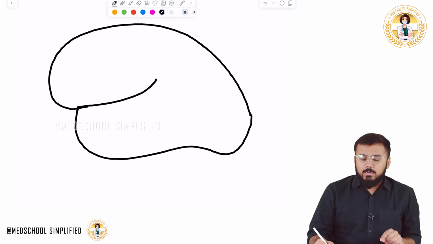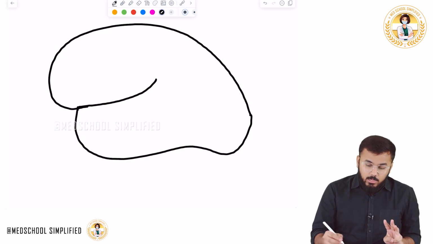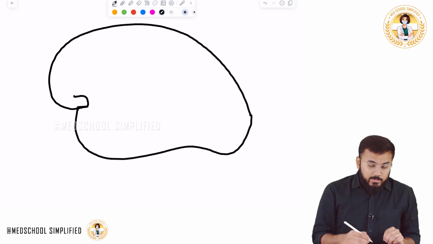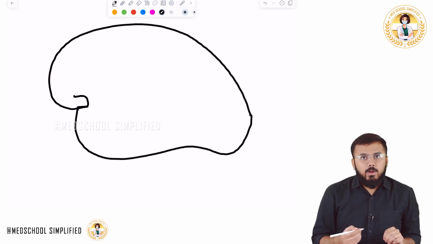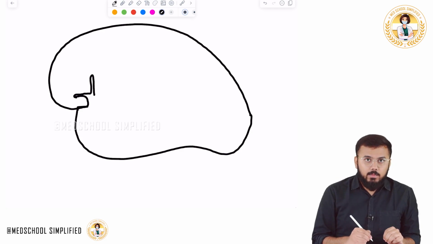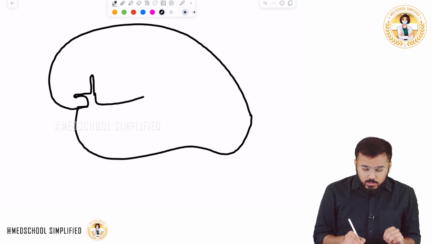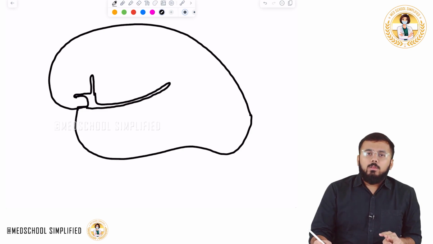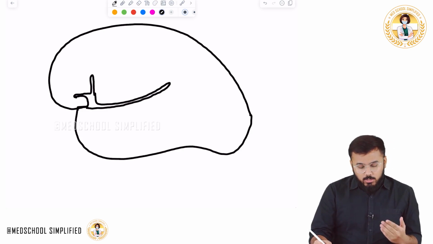Actually, the lateral sulcus has three important parts. What are those three parts? Look here. This lateral sulcus goes forward like this. This is called the anterior part. Next it goes upward like this, which is called the ascending part, and then it goes posteriorly like this. This is called the posterior part of the lateral sulcus. So it has three rami, in the sense of branches.